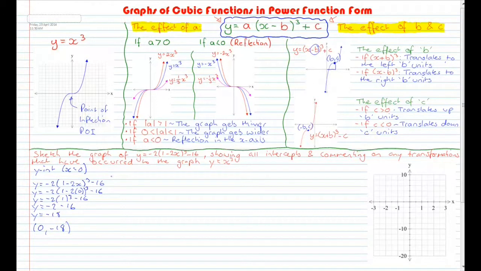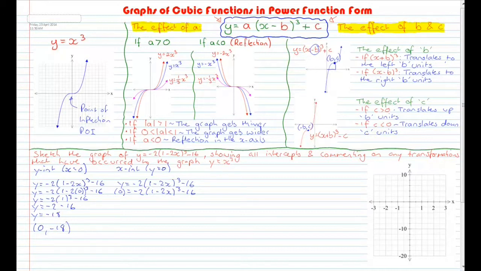Alright, going through and finding the x-intercept now. To find the x-intercept we make y equal to 0, so we get y is equal to negative 2(1 minus 2x) cubed minus 16, making y equal to 0 now. You go 0 is equal to negative 2(1 minus 2x) cubed minus 16.